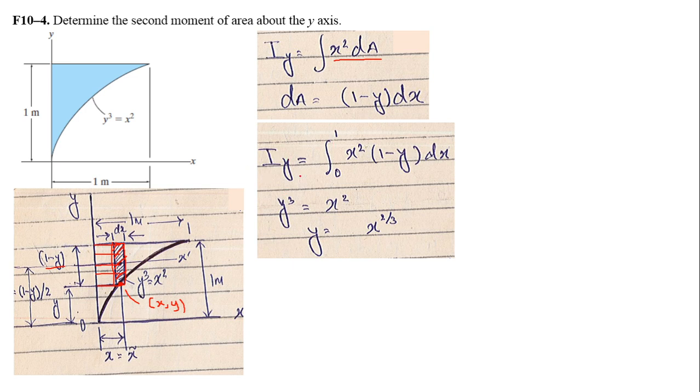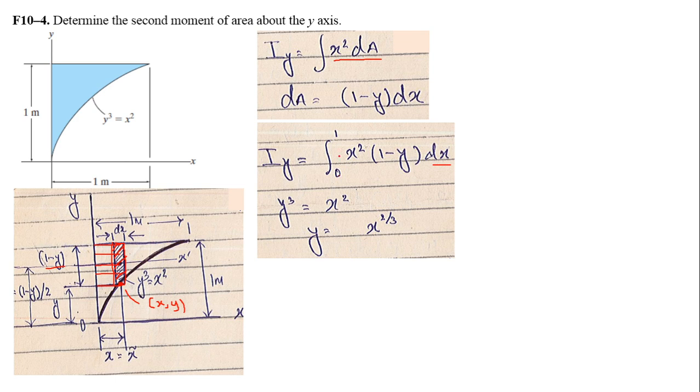And so our integration becomes x square, and in place of dA we can write 1 minus y dx, and we are integrating with respect to x, so the limit on the x-axis is 0 to 1.